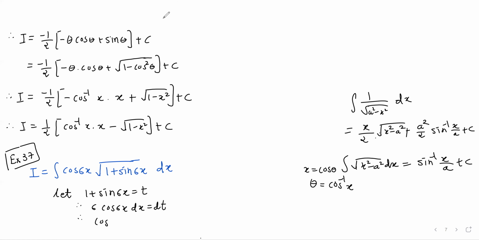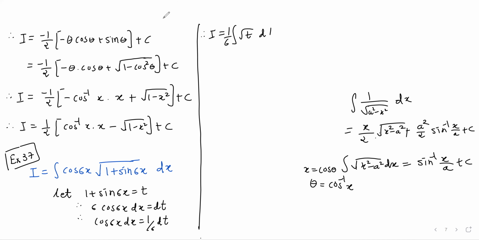Therefore, cos 6x dx is 1 upon 6 dt. Therefore, I is equal to integration of 1 upon 6, write it here, under root t dt. Clear? Understood till here? Okay. So 1 upon 6, t raised to 1 by 2, so t raised to 3 by 2, 1 by 2 plus 1.